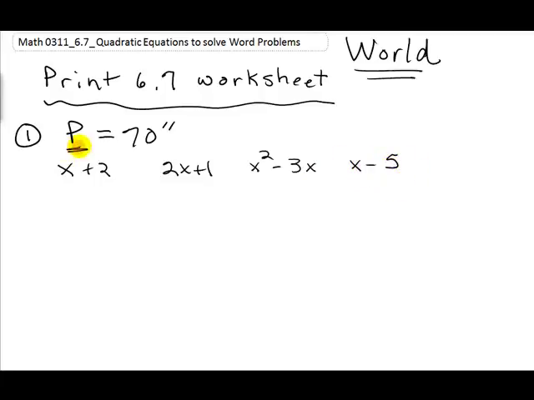Now to find perimeter, we add all of the sides. And it tells us that all of these sides are equal to 70 inches. We want to combine like terms.